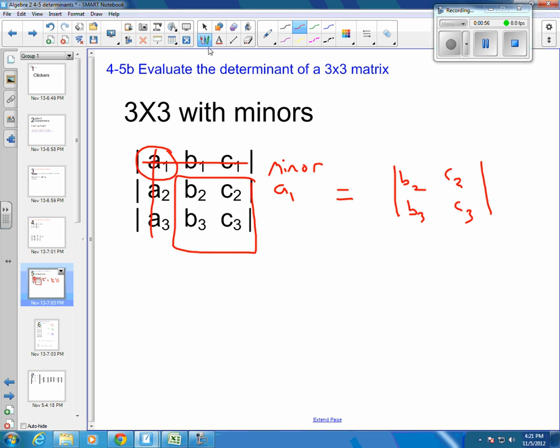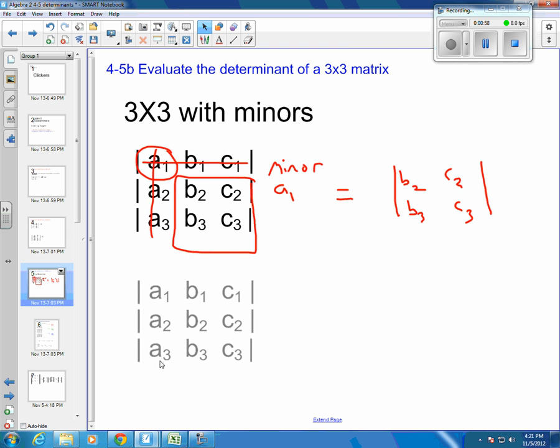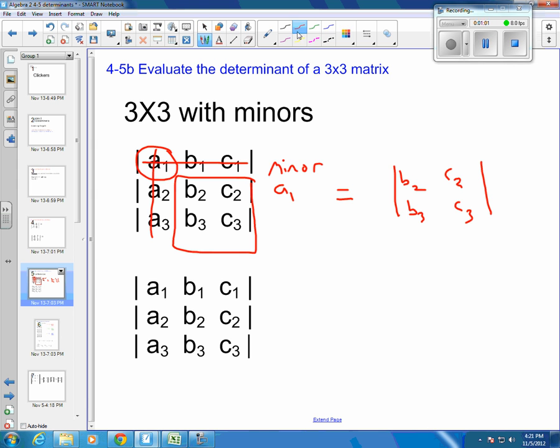I can do this again. Let me pull that off of there. And I can find the minor if I cross out row 1, column 2. That's going to be the minor of B1.